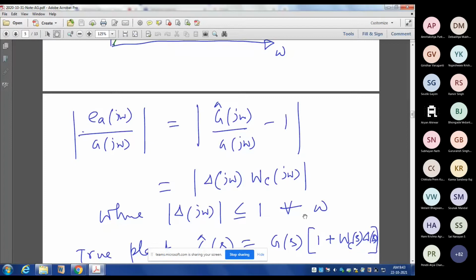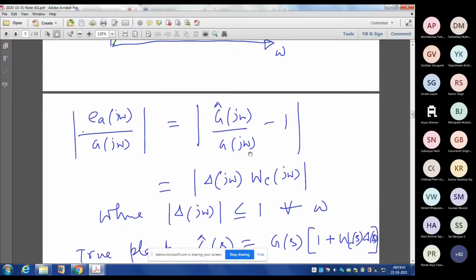Now from this concept, what can we write? What is my G j omega? G j omega is the nominal plant, that is, the simplified plant after neglecting the unmodeled, undesired dynamics.